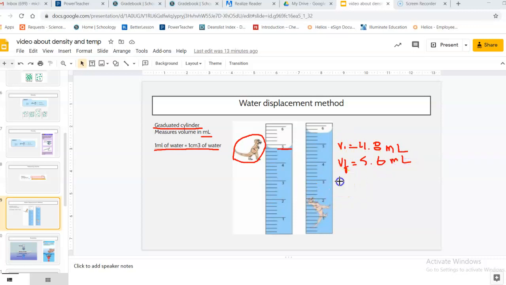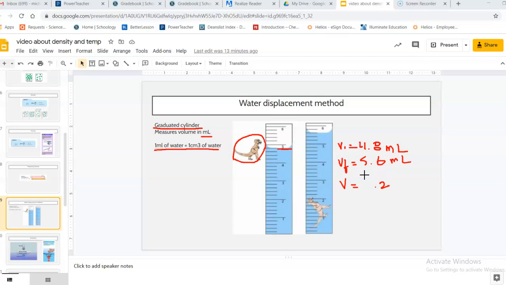Okay, so then the volume of the dinosaur is going to be, actually I should do it backwards. Hold on one second.